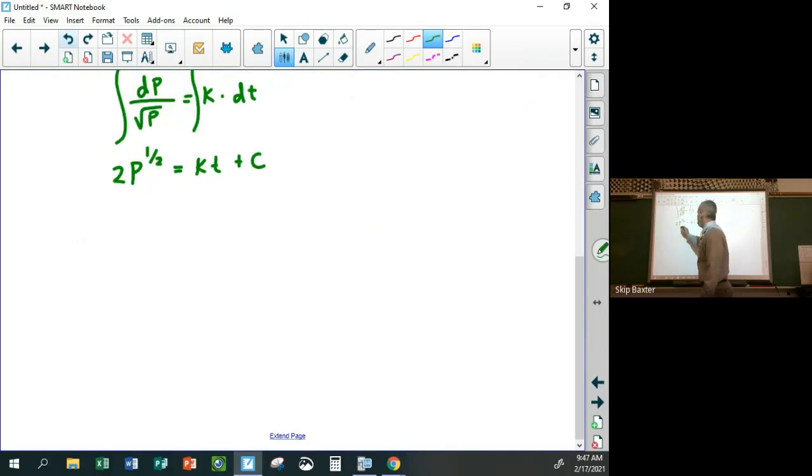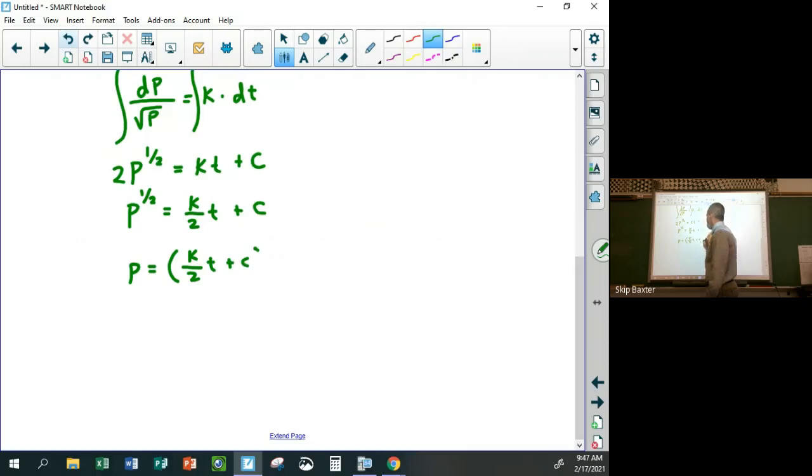Divide by 2. So P to the 1/2 equals k over 2 t plus c, since k is an actual number and c is an arbitrary constant. Then P would equal (k over 2 t plus c) squared. So you get a very different equation.